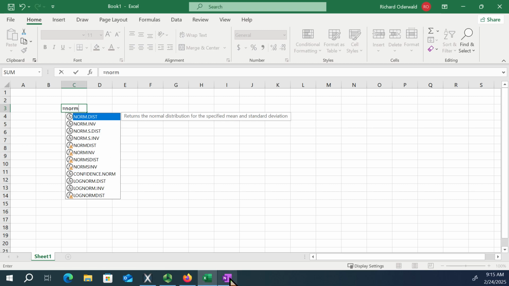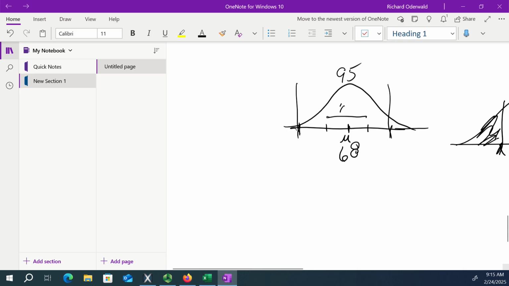And this is what this thing is. This is minus 2 standard deviations, minus 1 standard deviation, 0 standard deviations from the average, plus 1, plus 2. And this is on a z scale. These are z values.